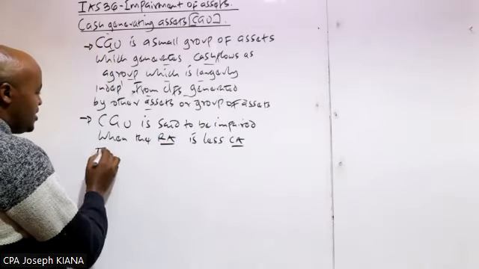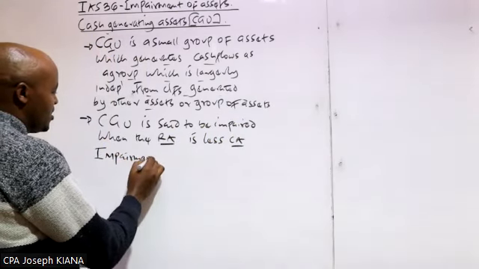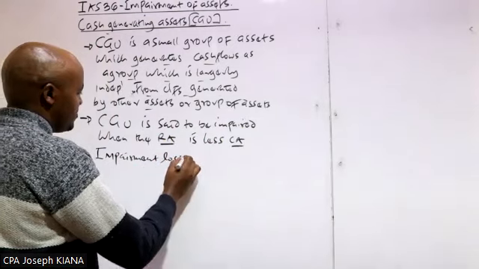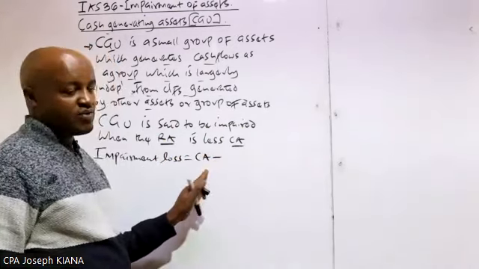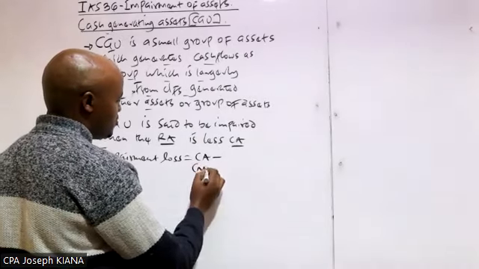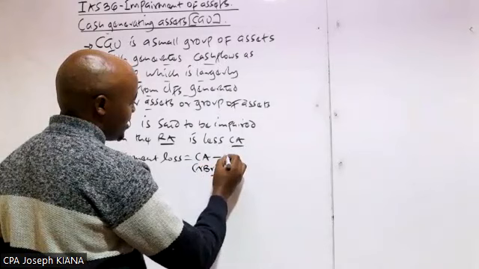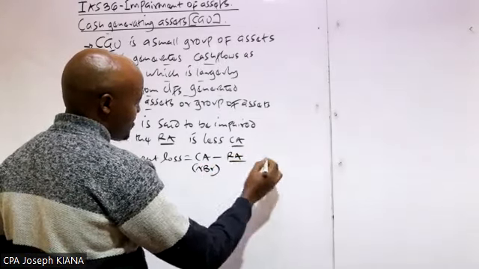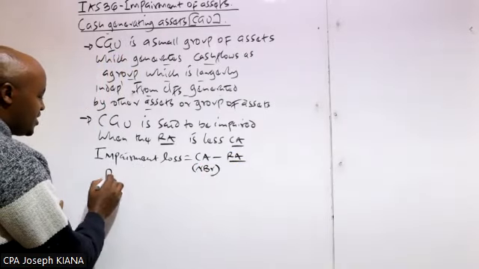And if that is the case, then an entity is required by International Accounting Standard number 36 to proceed and determine the impairment loss, being the difference between the carrying amount, which is also known as the net book value, and the recoverable amount.